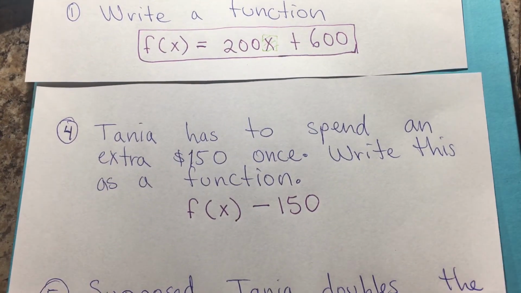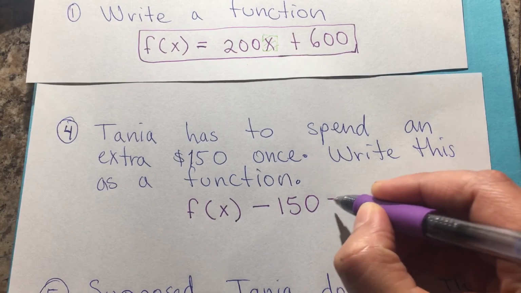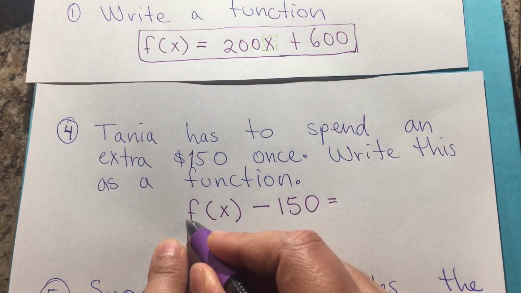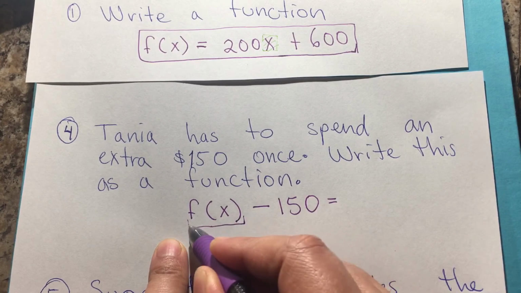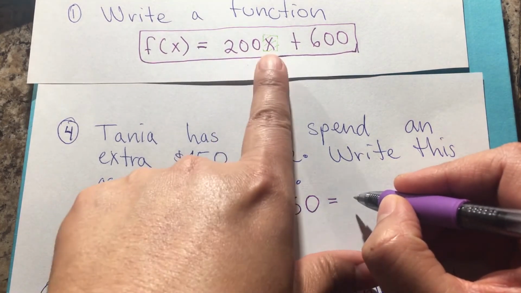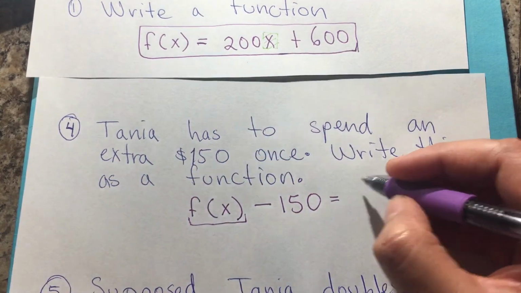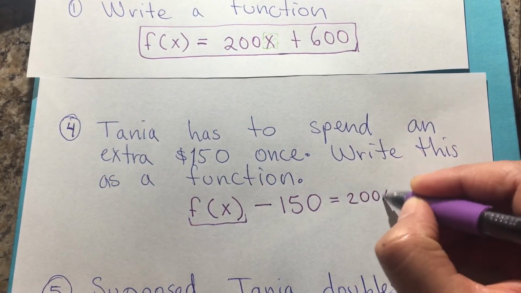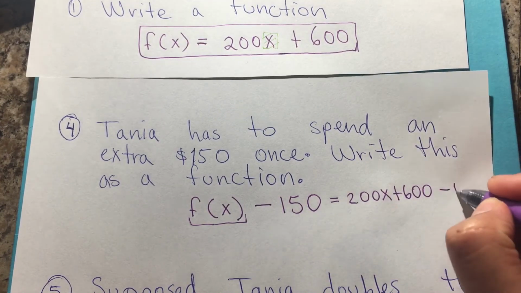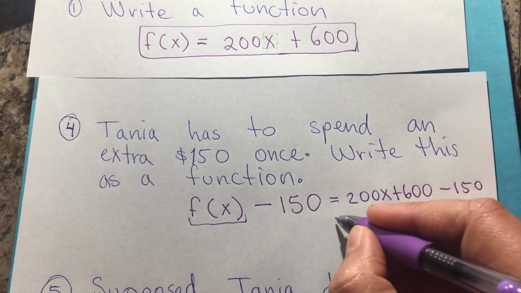Number 4. So in here, it says copy the function as is. F of x is 200x plus 600. 200x plus 600 minus the 150 that she has to spend once.